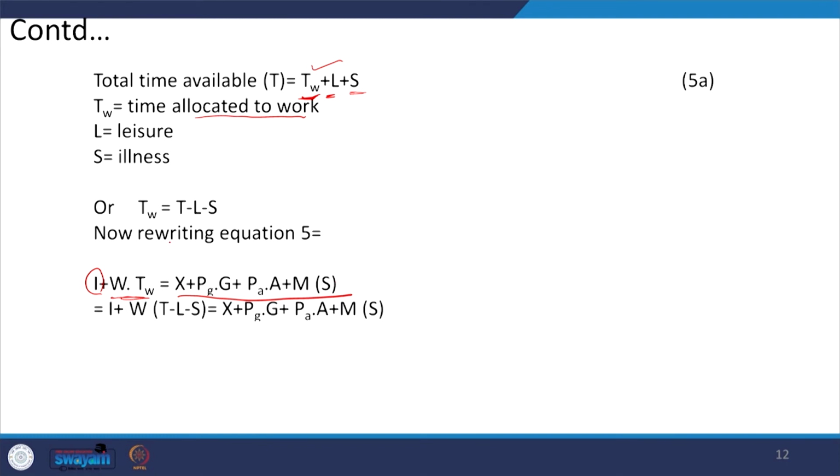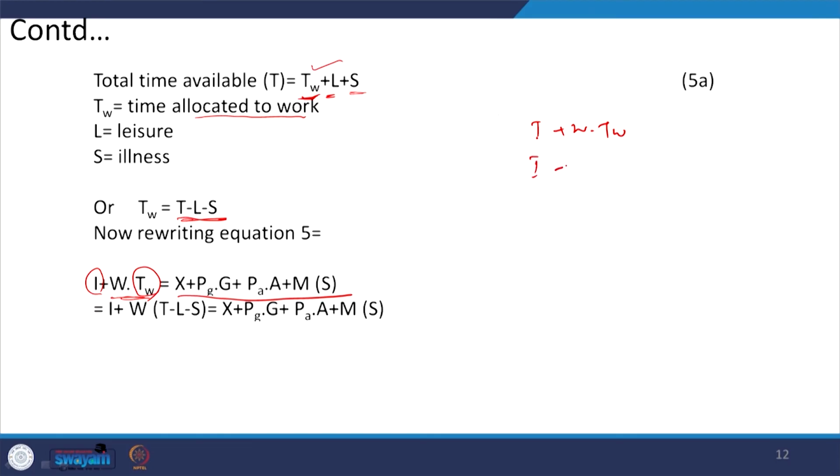Here, in place of TW we are replacing T minus L minus S, and the rest will be X, and then we can solve it. So, this is I plus W times TW.